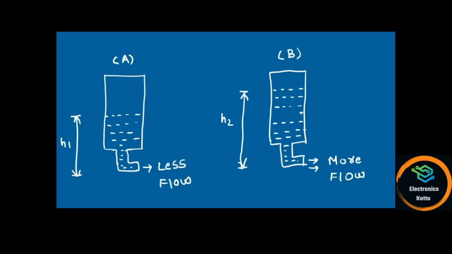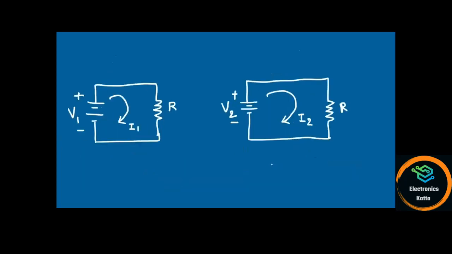Now let's correlate it with the electrical circuit. Let's say we have two electrical circuits with different voltage sources, but both circuits contain the same resistance, that is R. The current flowing through the first circuit, I1, can be given as V1 divided by R, while in the second circuit I2 is equal to V2 over R. Now here the voltage source V2 is greater than V1, so more current will flow through the second circuit.